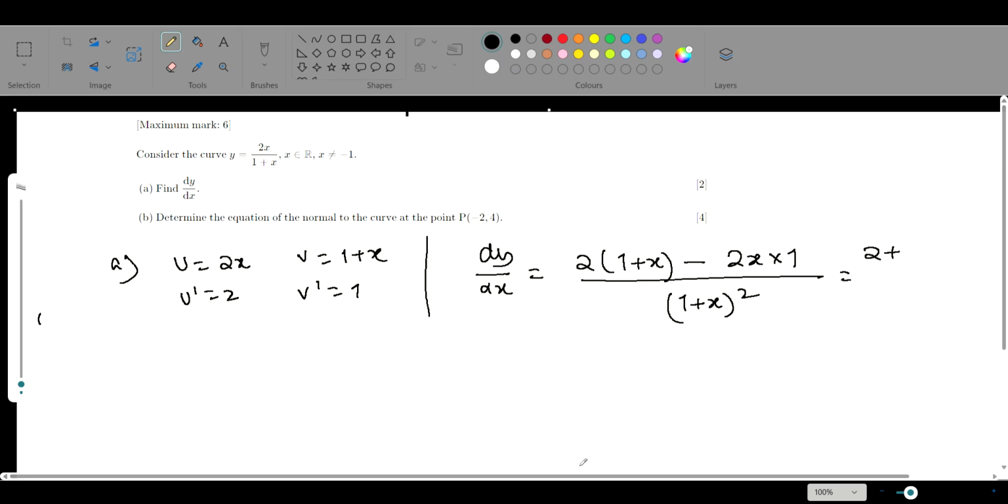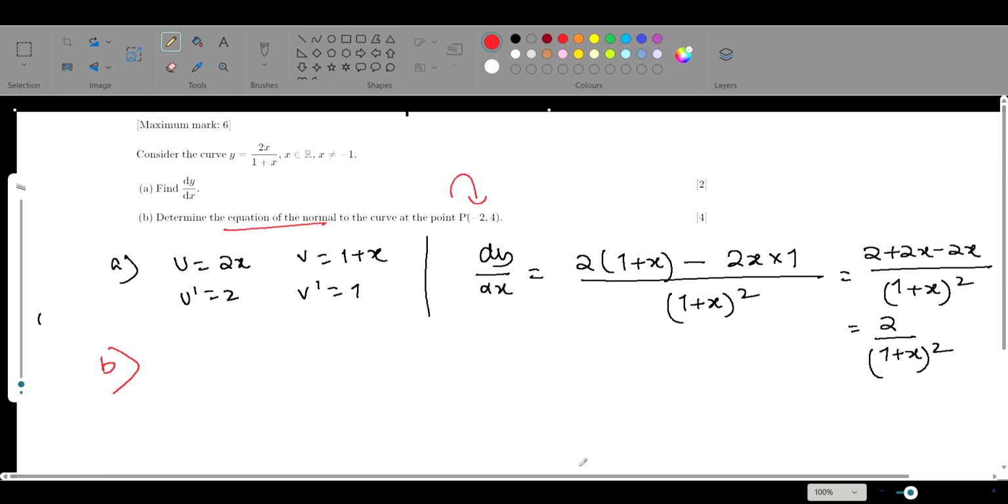So it is 2 plus 2x minus 2x over 1 plus x squared, which is 2 over 1 plus x squared. That's the answer, which is different from what you're getting.